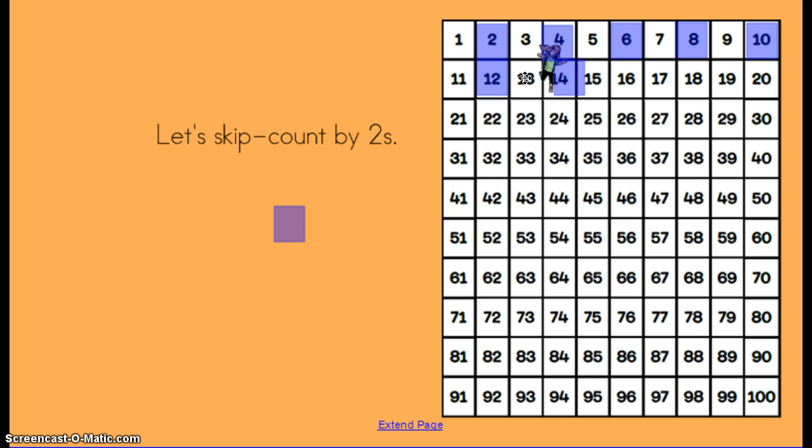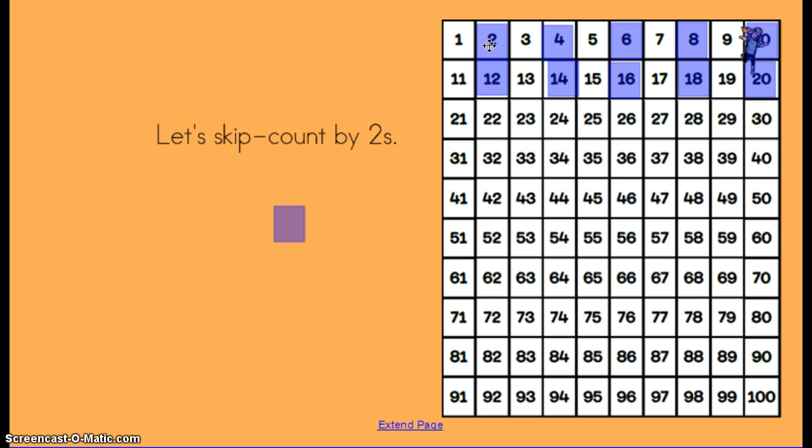Uh-oh, my girl's stuck under there. 1, 2, I land on 16. 1, 2, I land on 18. 1, 2, I land on 20. Because I was skipping 2 numbers, that's why it's called skip counting by 2s.